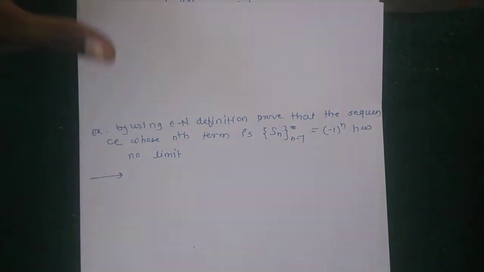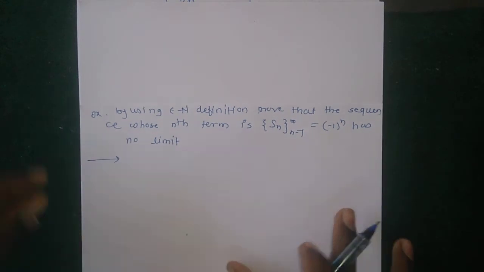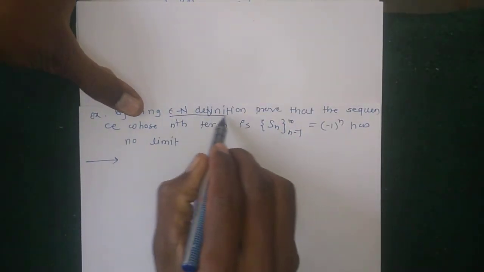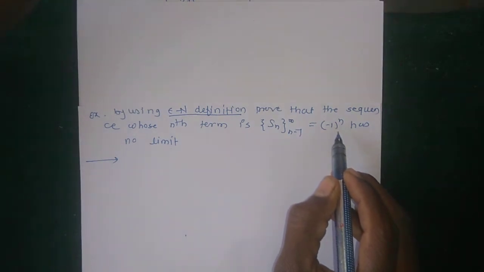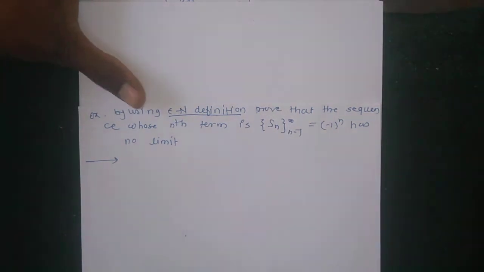Here the example says to show, by using the epsilon-N definition, that the sequence (-1)^n has no limit.